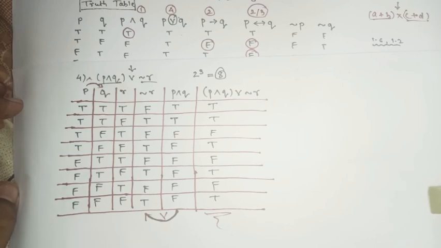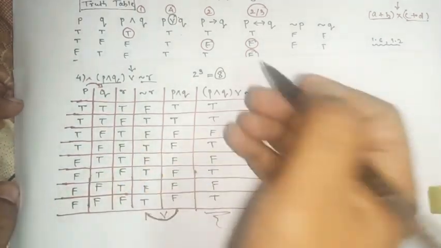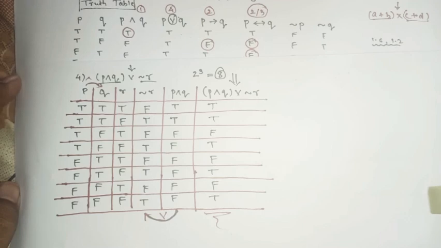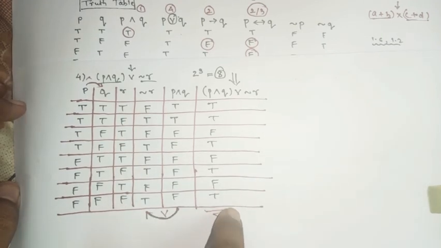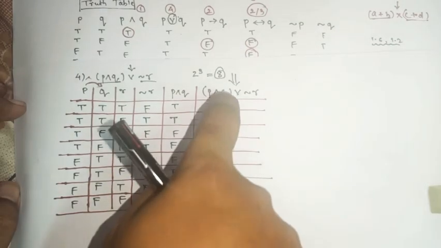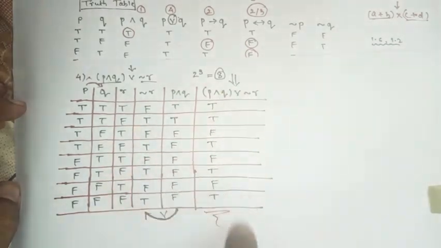Okay, move on to the next, the fourth one. This is for 3 alphabets. See the pattern, construct the table. Now check the last column. So here the truth values in the last column are not the same. All the values are not true or false. It consists of both true and false.